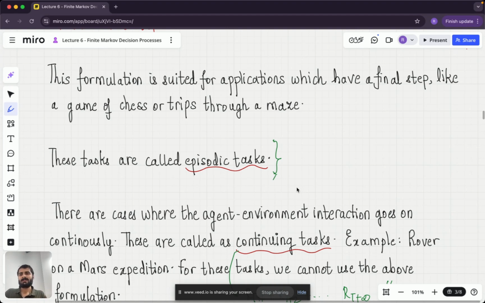So there is no limit to the time in which the robot is going to continue to move and continue to analyze rocks, water, etc. This is an example of a case where the agent continues to interact with the environment continuously. There is no stop to that interaction. And these types of tasks are called continuing tasks.